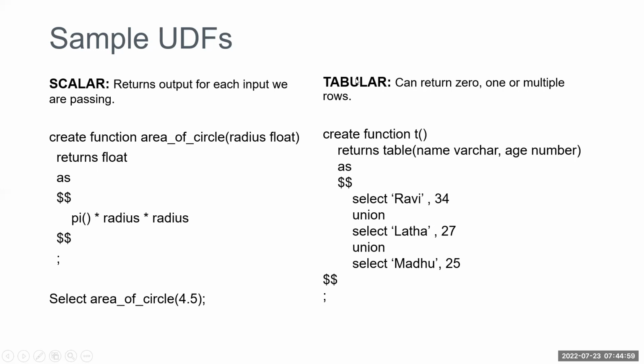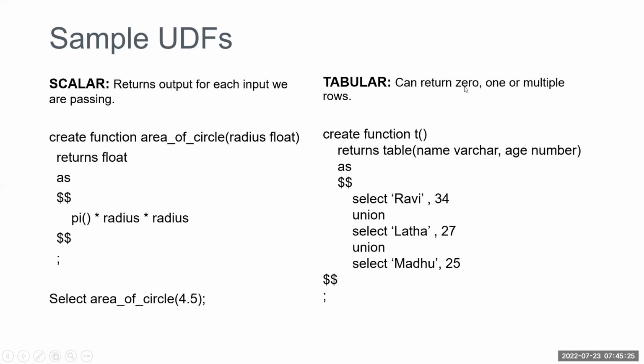When it comes to tabular, whenever you call a function, it will return table type data, not a single value or a single string, but a table. The table can contain zero rows, one row, or any number of rows. There is no guarantee that tabular UDFs will return some data. It can be zero rows also.